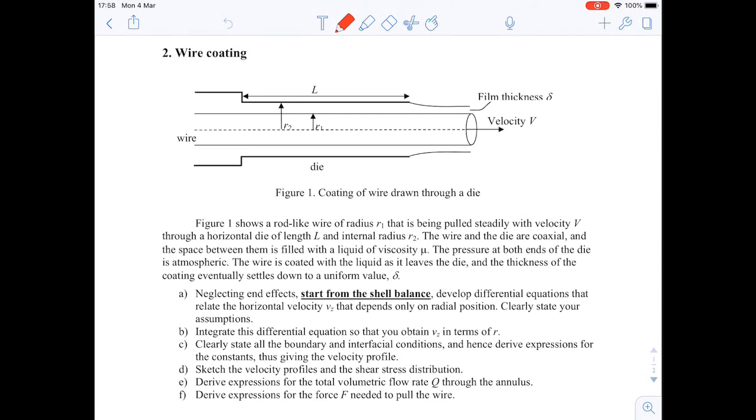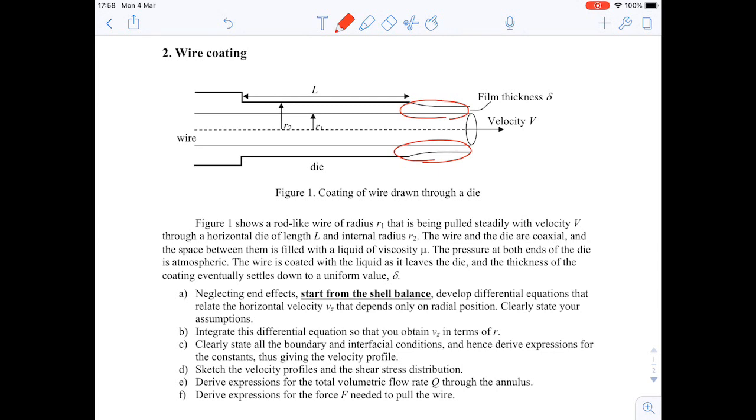We have a die and a wire. The wire is being pulled to the right-hand side with constant velocity so that the polymer melt will be pulled along with the wire, so that eventually the polymer film coats the wire.